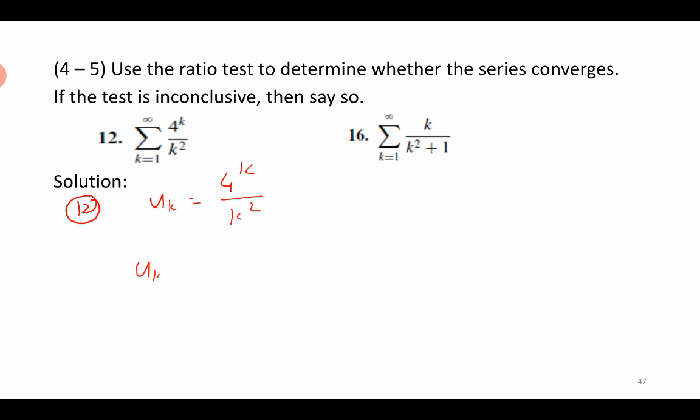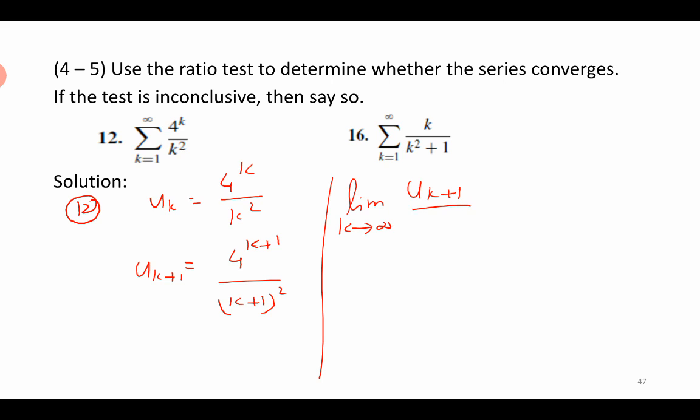Now write the k plus 1th term. Replace k with k plus 1: 4 raised to k plus 1 over (k plus 1) square. Now what we have to do is take the limit as k goes to infinity of uk plus 1 over uk.